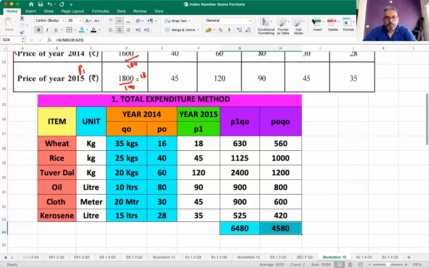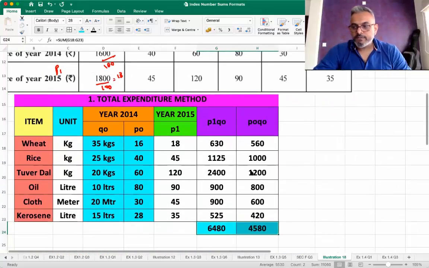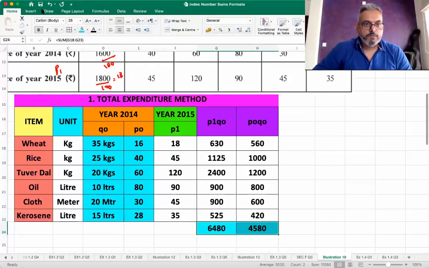Now, let's do the calculation and find out.